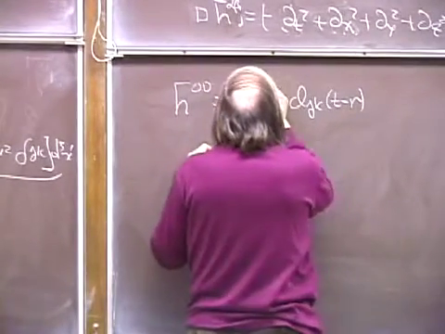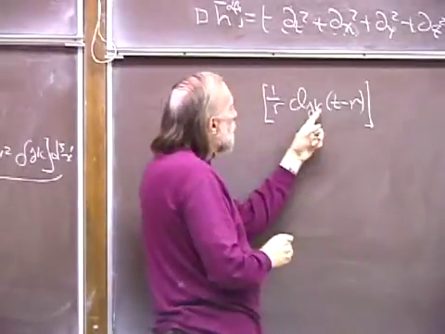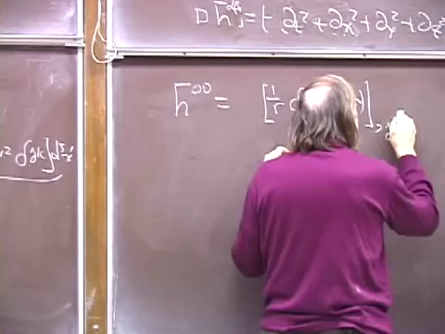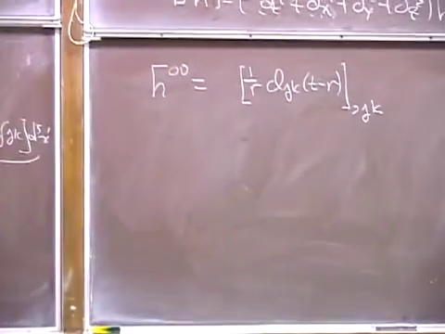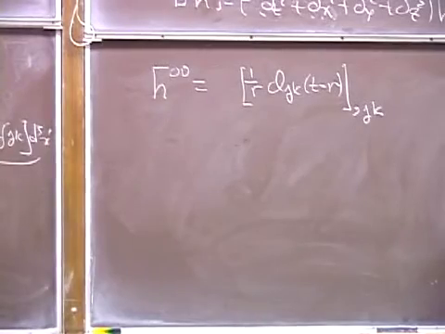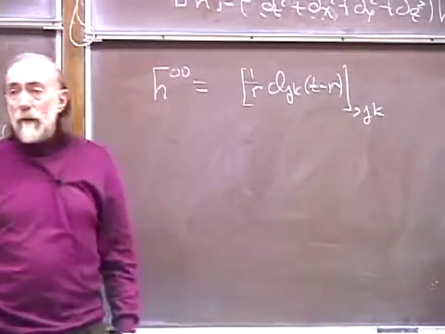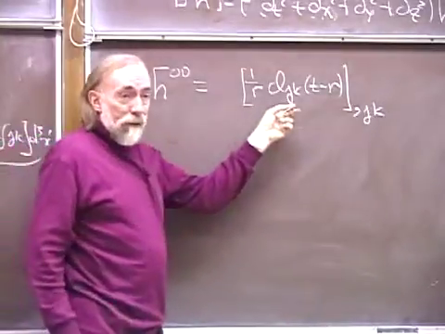However, if I take this and get rid of these indices by differentiating with respect to x_j and x_k, this still satisfies the wave equation. It's an outgoing wave, because it is a function of t minus r, and it has no indices left.